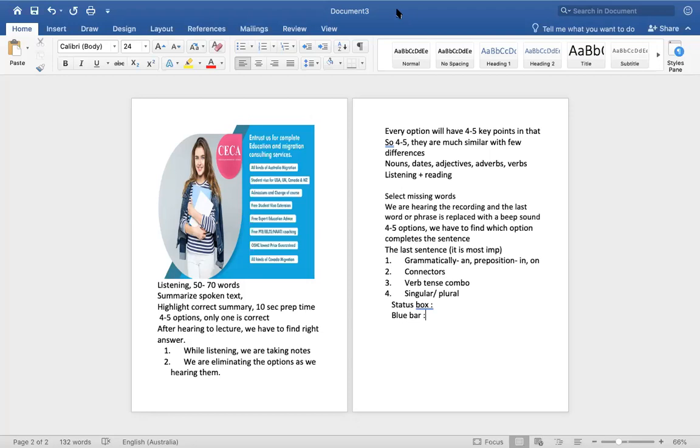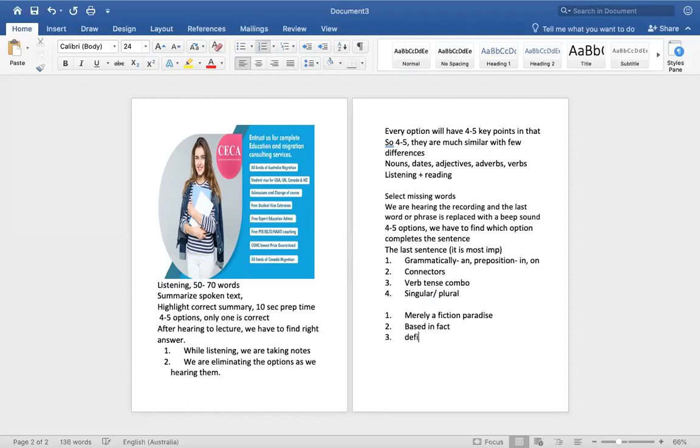Okay, I have to type in the options. Here are the options. The first option is merely a fiction. Second is paradise based in fact.